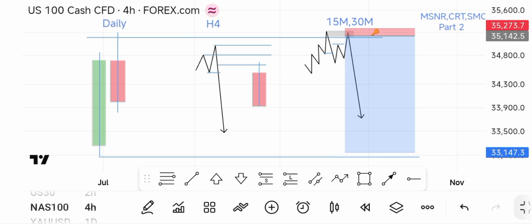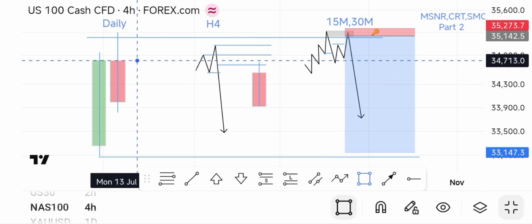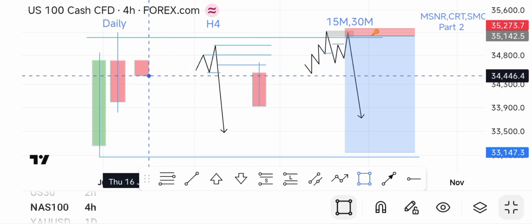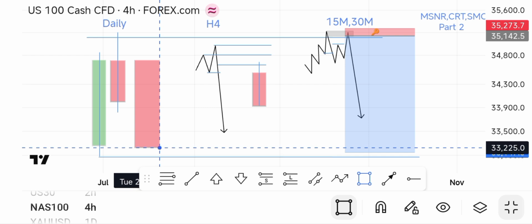Sometimes CRT does that. So this is it, and that's how the candle will come and form again. The candle will come and look like this.